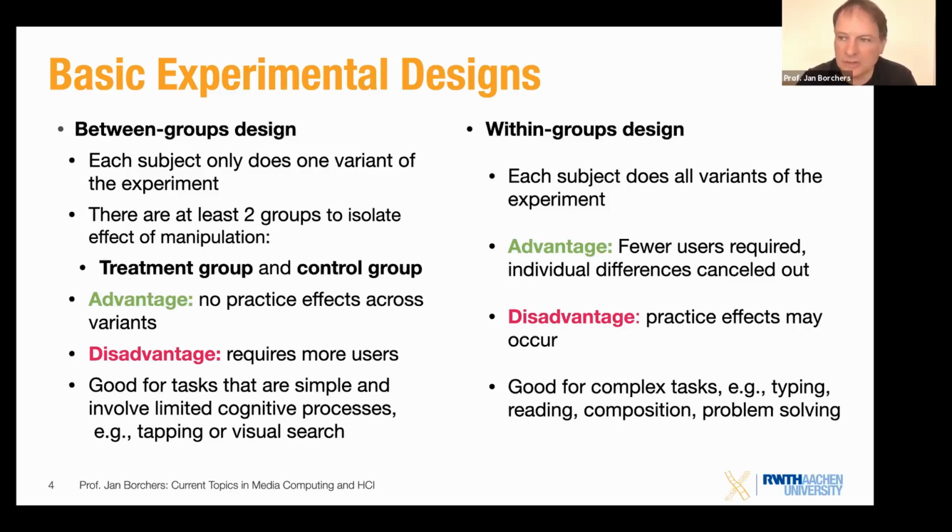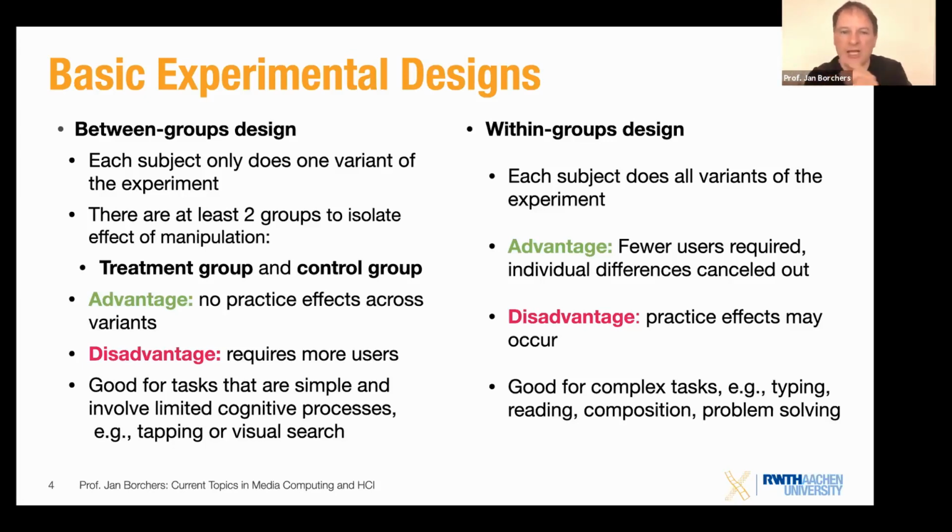Now, programming productivity is vastly different between people, right? There's factors of 20 and more reported in the literature of how fast coders can be. So, a thing that one person might take 10 minutes for, the next one might take 200 minutes. So for that, we use typically within groups designs, and then we basically just expose people to the one tool, and then with a different task of similar complexity, we expose them to the other tool.